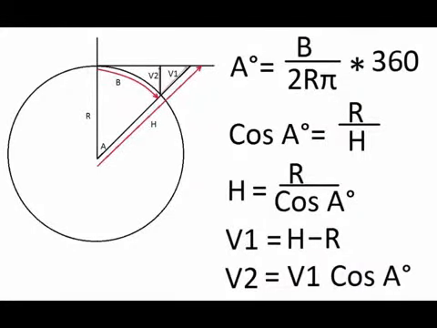Alright, let's look at how we can calculate the curvature and how we can practically achieve this experiment. If you look at the diagram, R is the radius of Earth, B is the length of pipe along the curvature of the Earth, A is the angle from the start point where the line from the center of the Earth intersects with the end of the pipe. V1 is the distance from the horizontal line from the start of the pipe to the earth at 90 degrees.